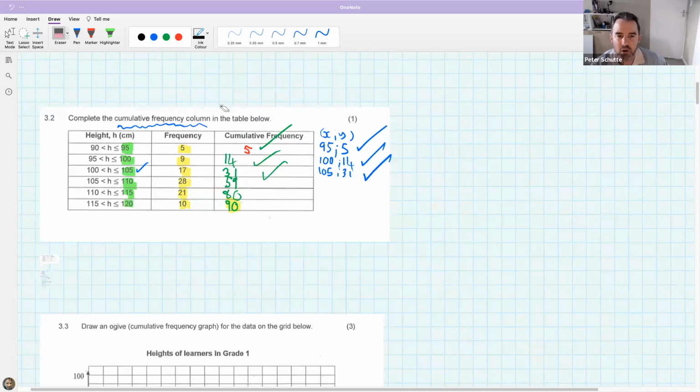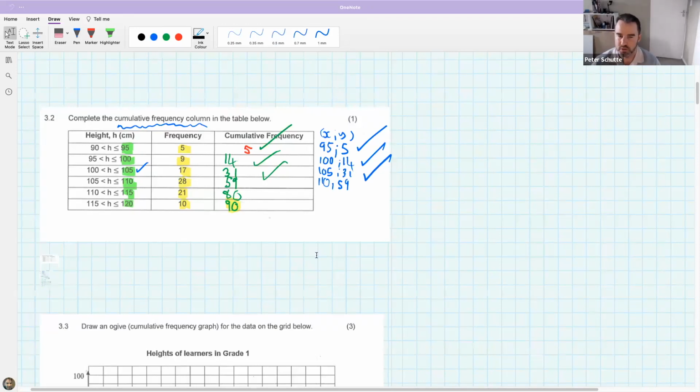Okay, so what are our next 3 points? So I go to the end of the interval, so that's 110. And then I'm going to get 59. All right.